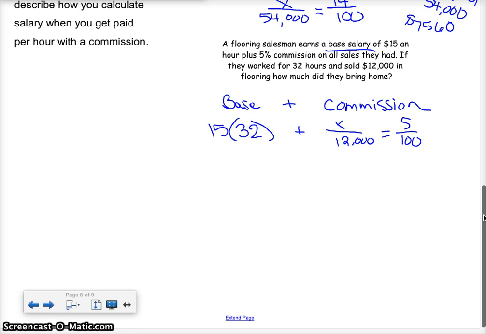15 times 32 is $480 he earned just for being at work, plus commission, 12,500 times 5 divided by 100 is $625. So how much is that? I gotta just type that in. Oopsie, how come no one stopped me? 1,105 bucks.